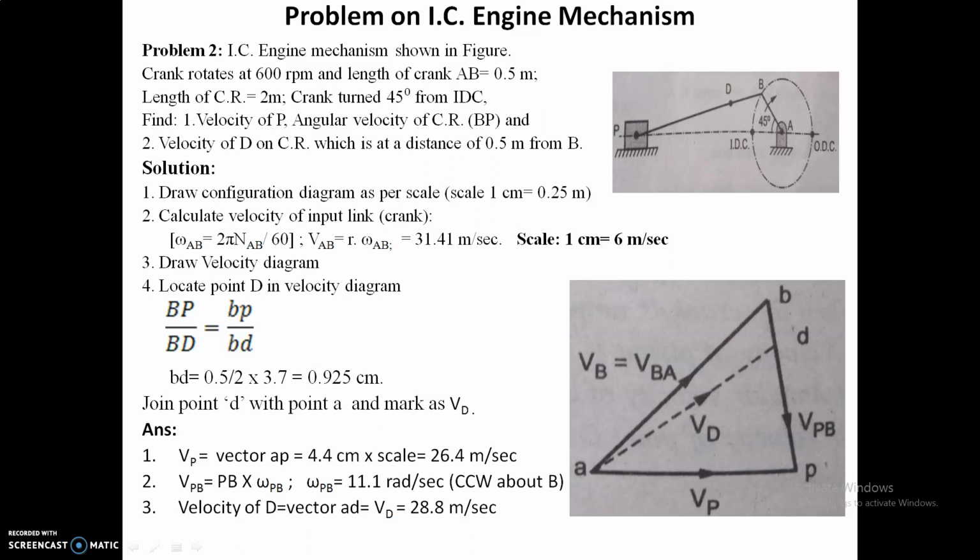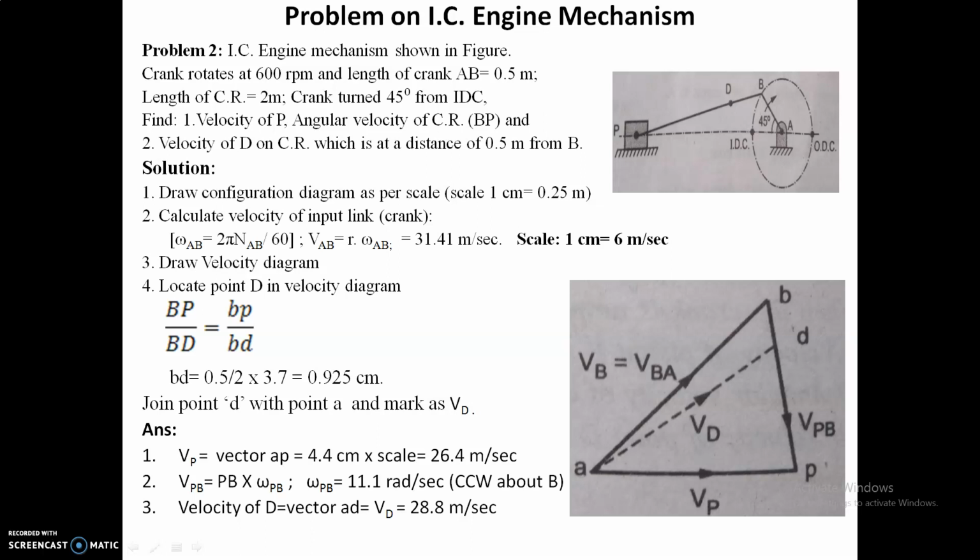There is a proportionate method: capital BP, the larger length, divided by capital BD is equal to the same value, small bp divided by small bd. So this capital BP divided by capital BD is from the configuration diagram, and small bp and small bd are related to the velocity polygon.